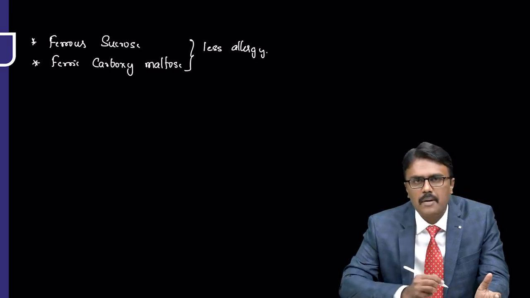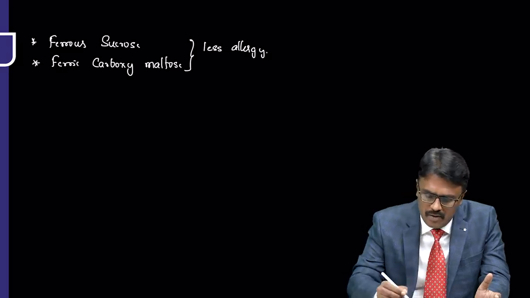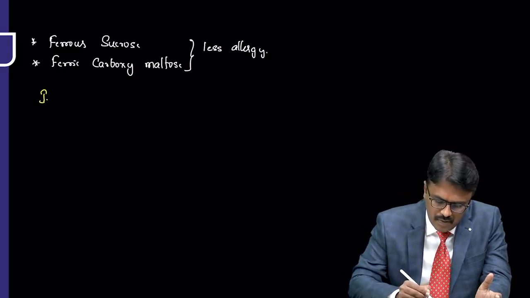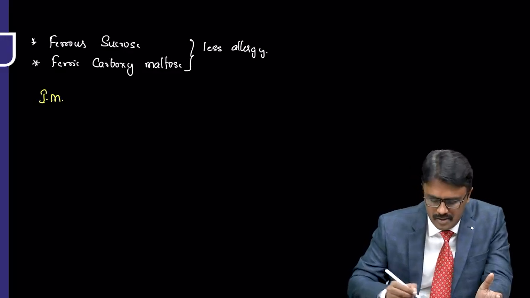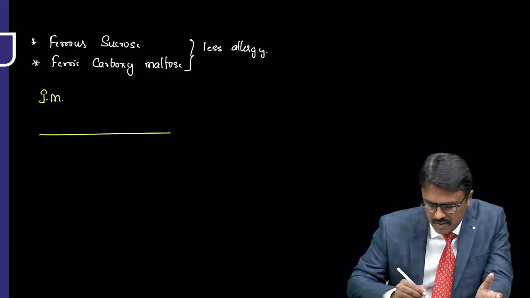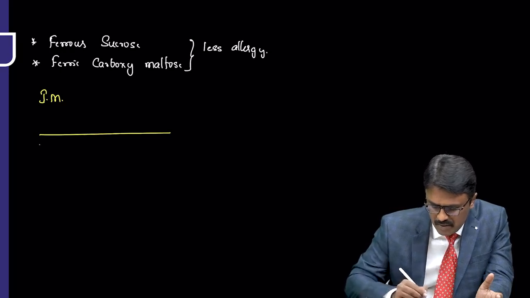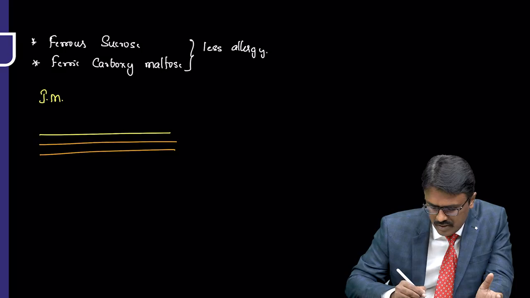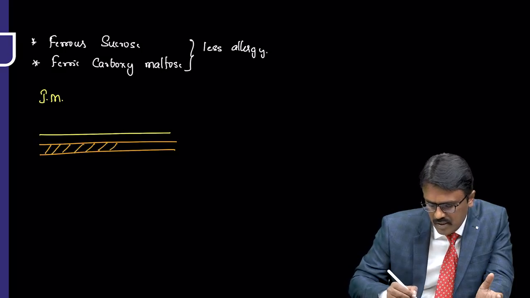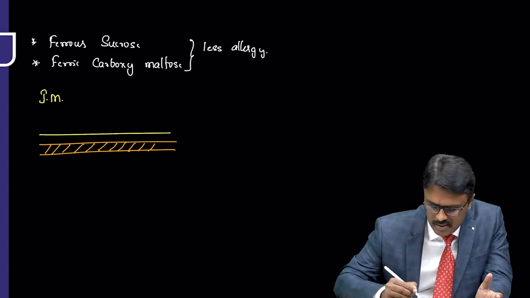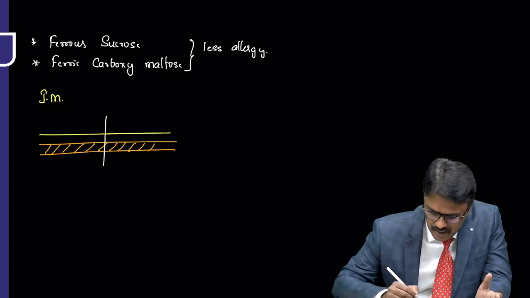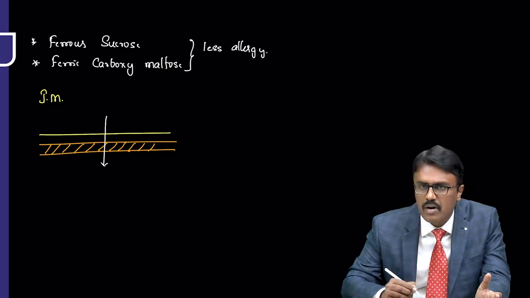They cause less allergy. Now, whenever you give an iron injection IM, what is the point here? If this is the skin, below is the muscle, right? So let me write like this. When I give an injection like this, what happens? I give the iron injection here, it will form a track.